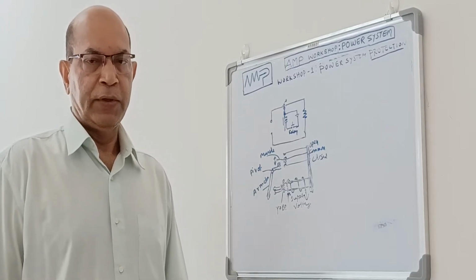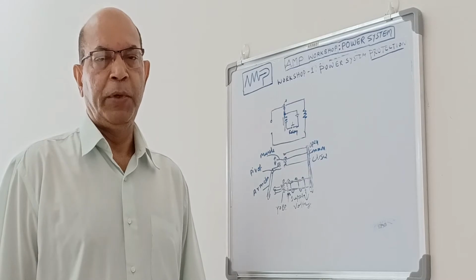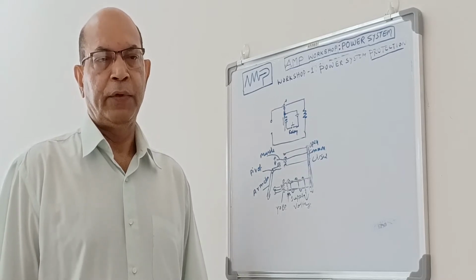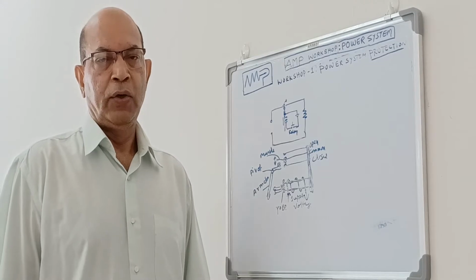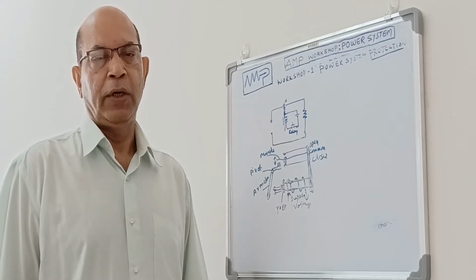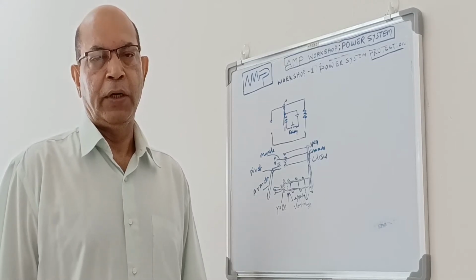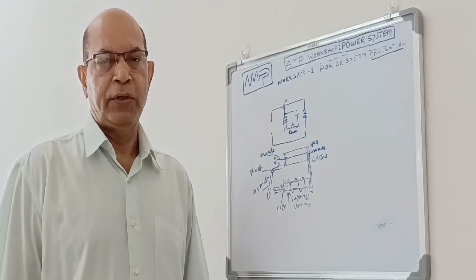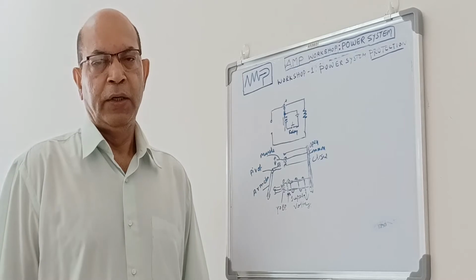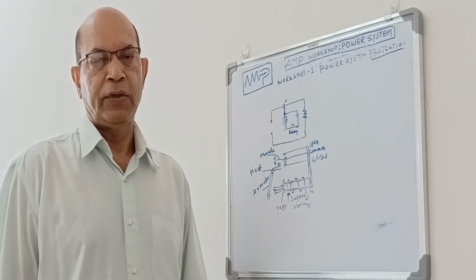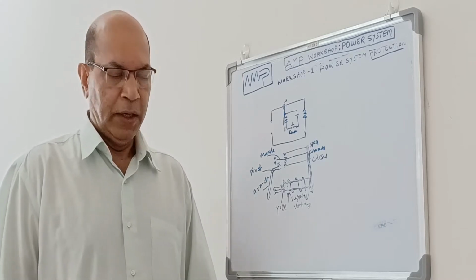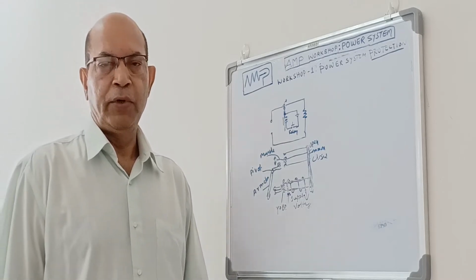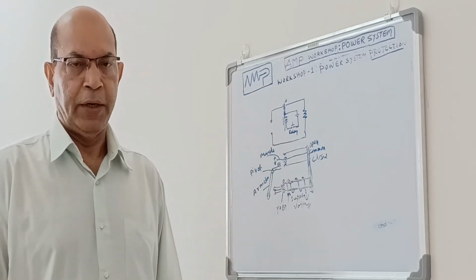Now, today's session 2, we will be discussing the transition of electromagnetic relay to solid state relay to the digital numerical relay. Electromagnetic relay we consider as a first generation relay, solid state relay as a second generation relay, and digital or numerical relay as a third generation relay.